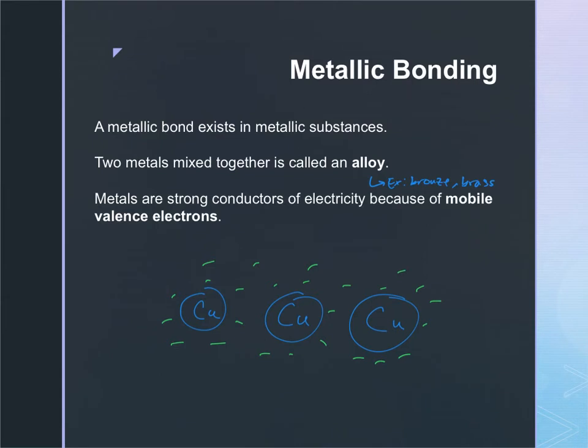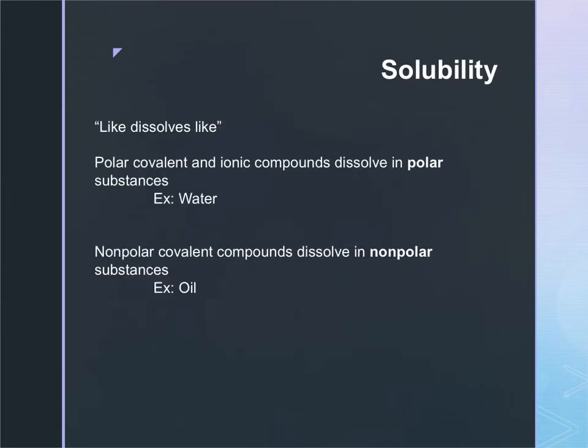Okay. Another characteristic we have is solubility. So its ability to dissolve and break apart in a solvent, so like water or oil and another liquid substance, okay? So like dissolves like, that's our phrase that we're going to use here. Polar covalent and ionic compounds dissolve in polar substances.